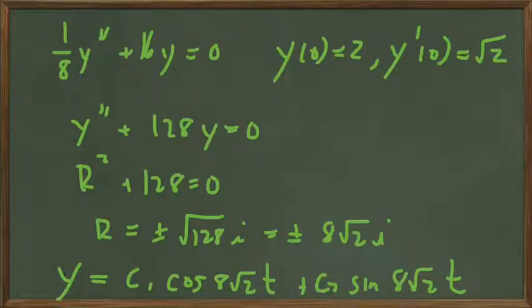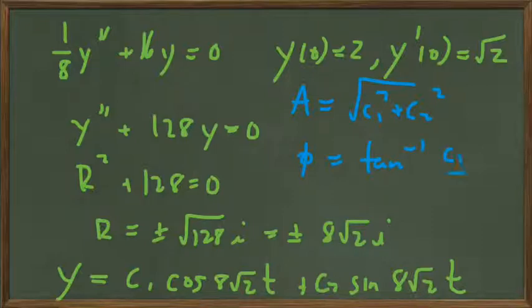So now we're going to calculate phi and A. Remember that A equals the square root of C1 squared plus C2 squared, and phi equals tangent inverse of C1 over C2, so we need to find C1 and C2.